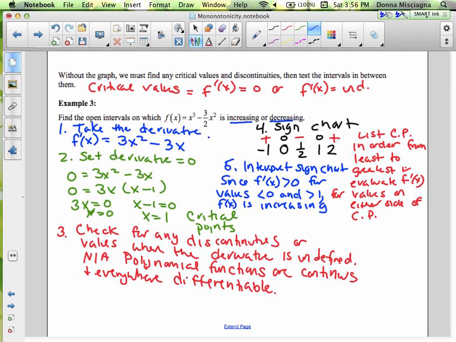And actually, let me put x less than 0. That looks a little bit better. And x greater than 1. f of x is increasing on the interval -infinity to 0 and 1 to infinity.